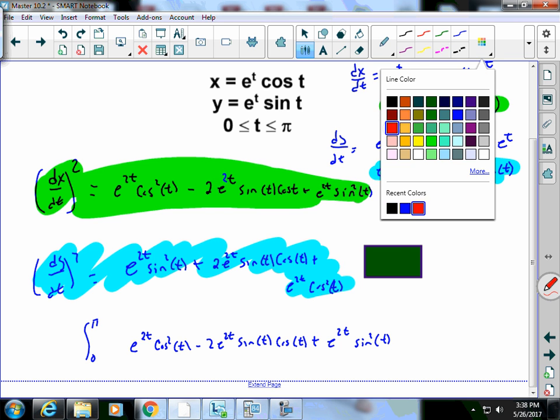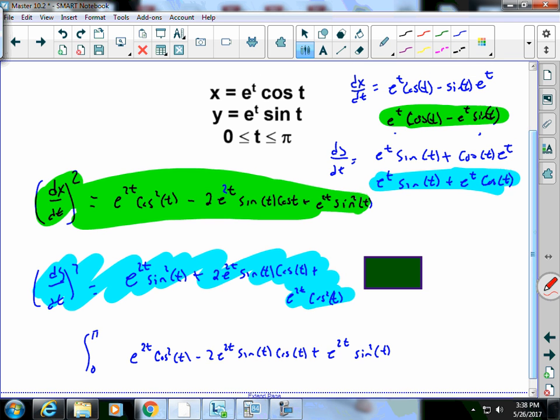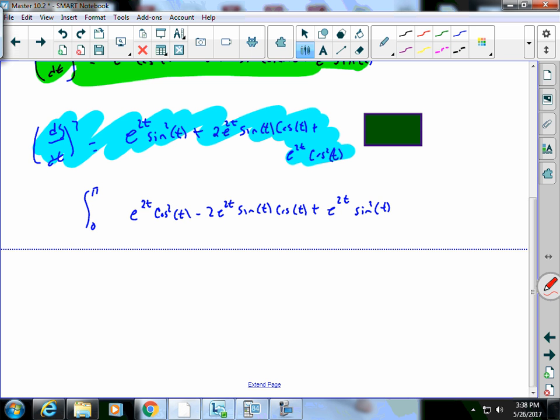I'm going to add to that dy/dt squared, which is e to the 2t sine squared t plus 2 e to the 2t sine t cosine t plus e to the 2t cosine squared t. I'm going to take the square root of this entire thing.